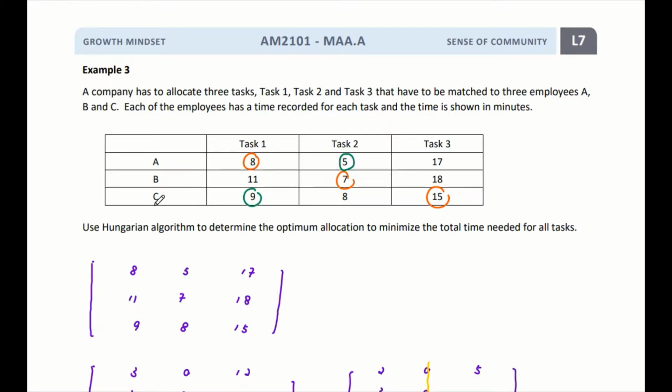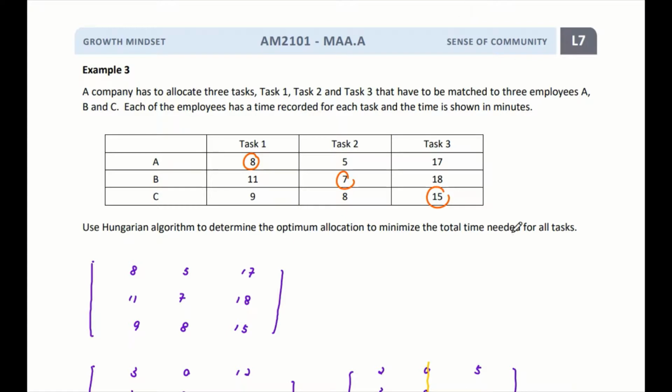If the employee C is doing task 1, then he cannot do task 3. So now this is the one that you will be assigning for task 3. So you realize that for task 1, now you increase 1. Even though you minus 2 in task 2, for task 3, you increase 3. So at the end of the day, you will have a total of 2 minutes extra if you are choosing the one that you are picking now in green color. So that's why the orange color one will be a better alternative that is going to give you the minimum time.